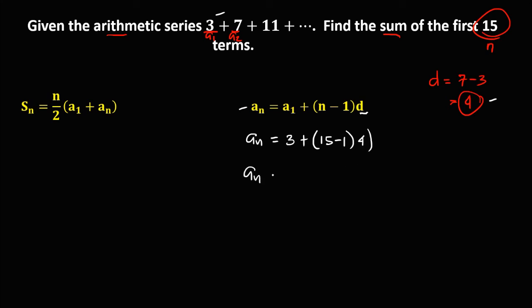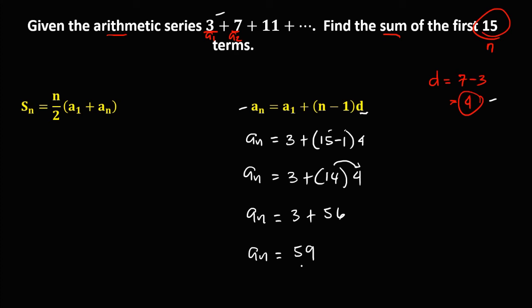Then we have a sub n equals 3 plus 15 minus 1, this one is 14, times 4. Then simplify. We have a sub n equals 3 plus 14 times 4, that's 56. Therefore, the last term is positive 59.